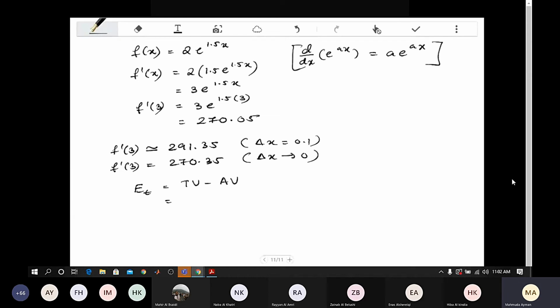So the true value is 270.05 minus the approximated value, which is 291.35. That is equal to minus 21.30, and the absolute relative error will be 7.88%.